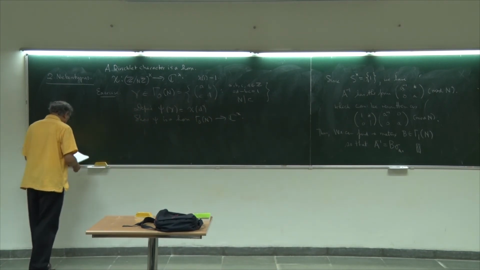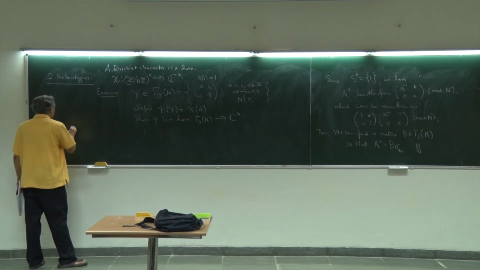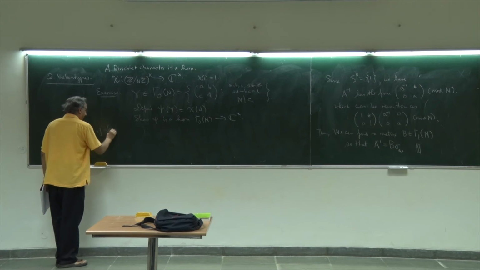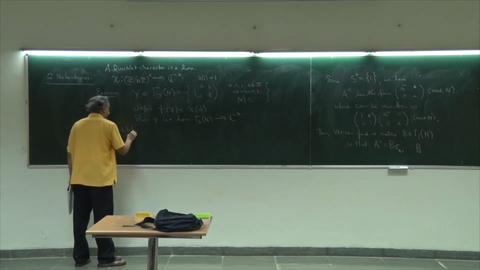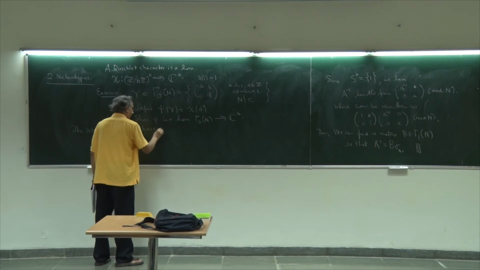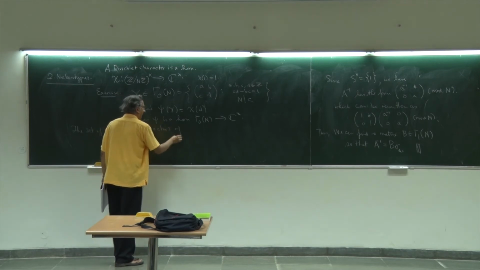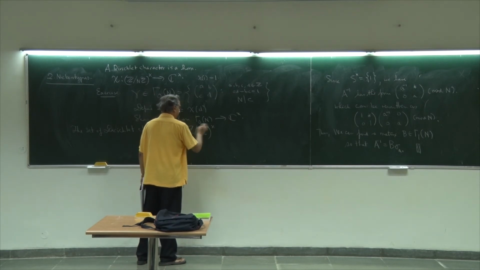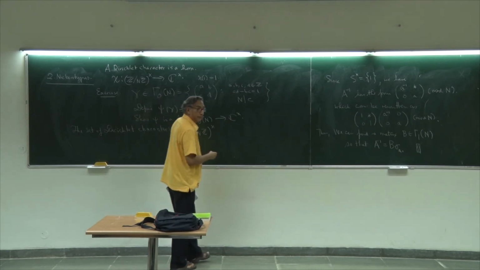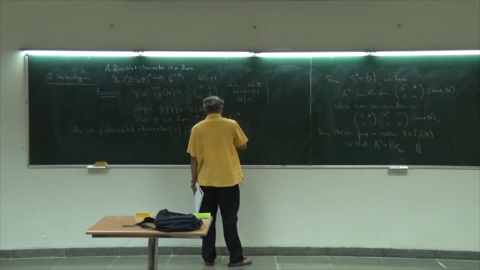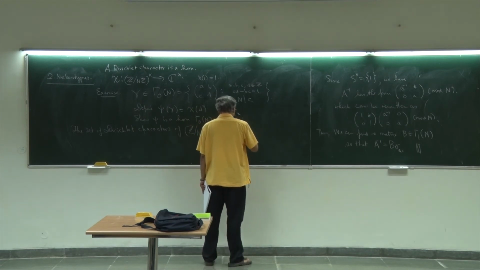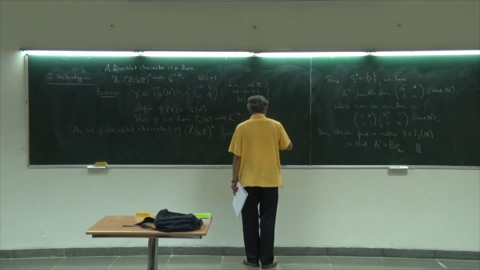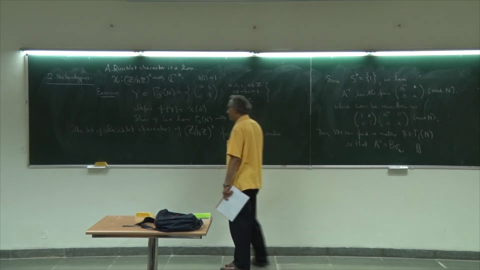And the set of characters of Z mod n Z star forms a group under the usual multiplication of characters.